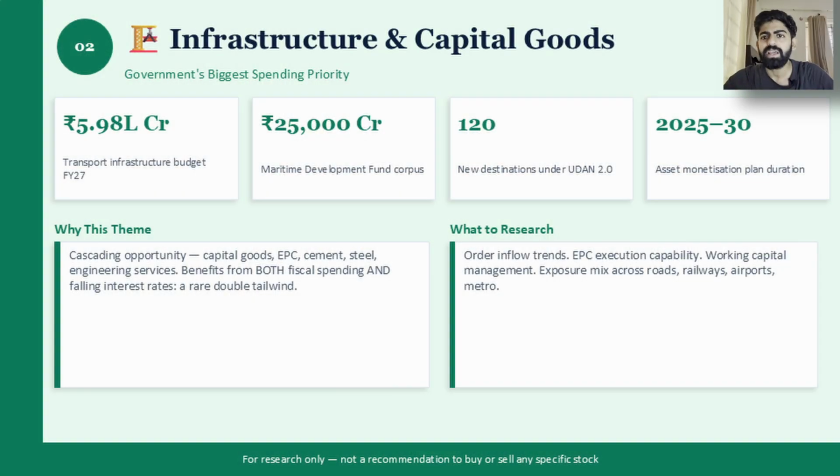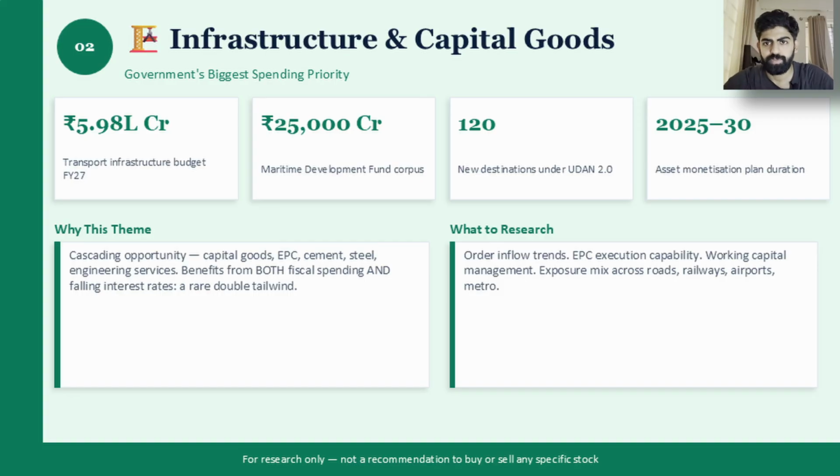Theme 2 is infrastructure and capital goods. This has been the major focus area of the current government. Transport infrastructure alone is getting around 6 lakh crore rupees in this year's budget, covering roads, railways, ports, airports and urban metro projects.